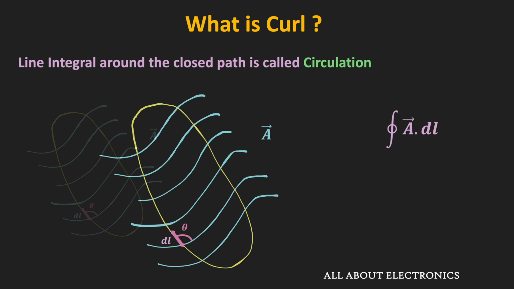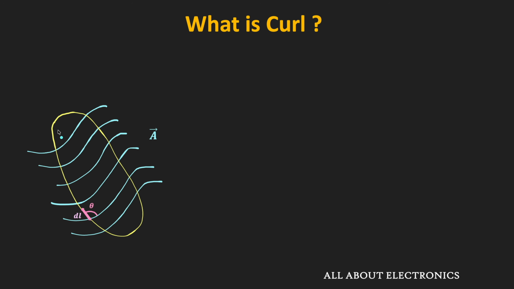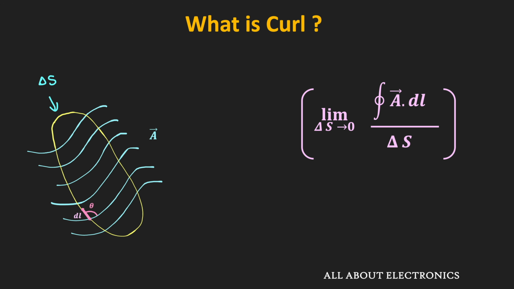Let's say the area that is covered by this closed path is equal to delta S. As per the definition, the curl of the vector field represents the circulation of the vector field around the given point. That means if we divide this closed loop line integral by the surface area, then we will get the circulation per unit area. And as this area tends to 0, or becomes infinitesimally small, that represents the circulation around the point.